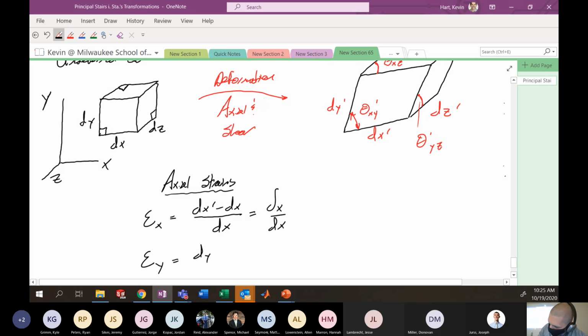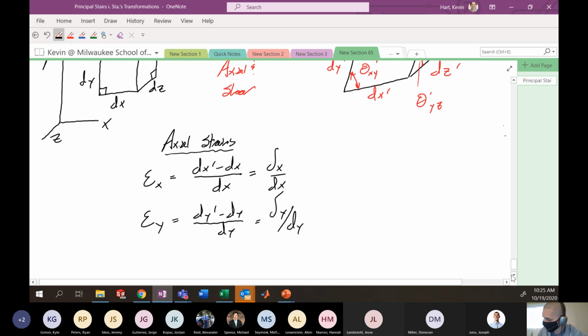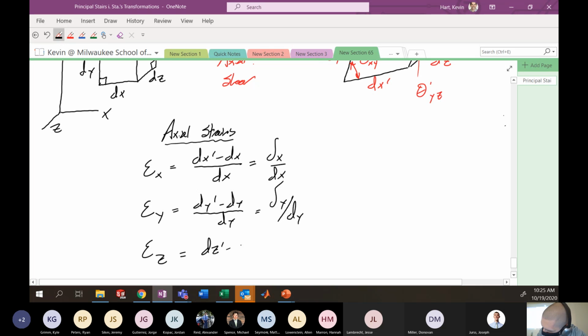Similar in y direction, and similar in the z direction. Like so.